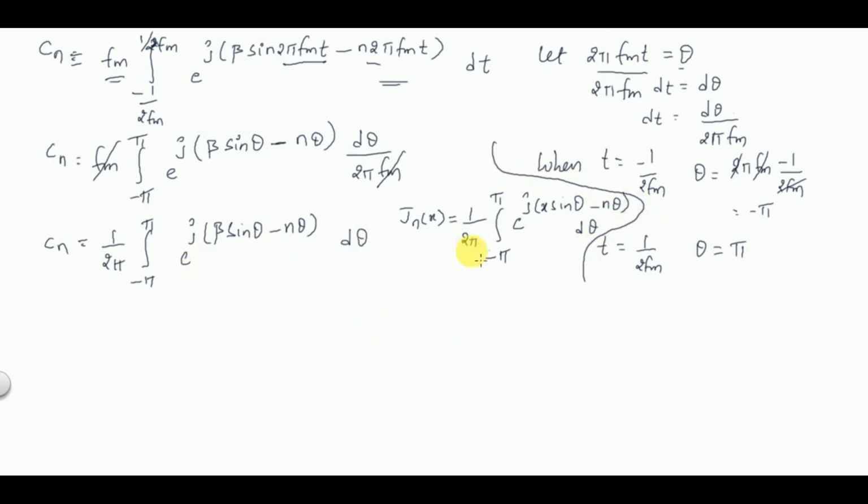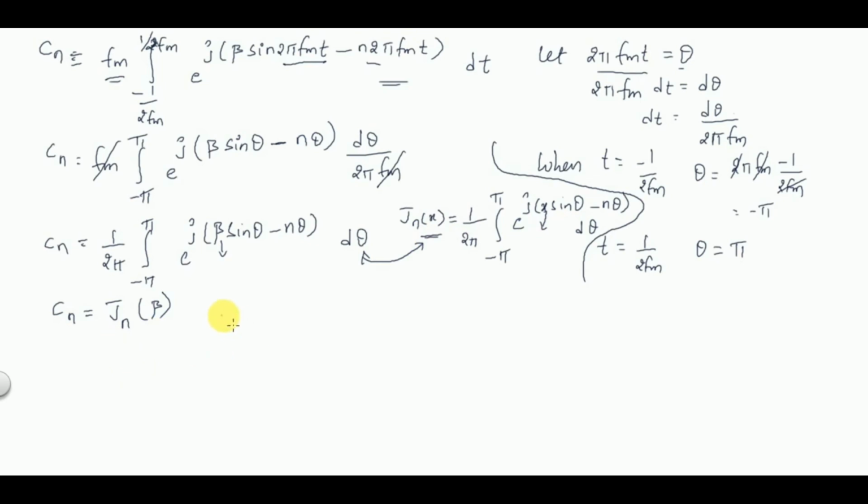If you observe here, when you compare these two equations, instead of x we now have beta. So Cn can be written as Jn of beta. In the place of x we write beta. So Cn is equal to Jn of beta.